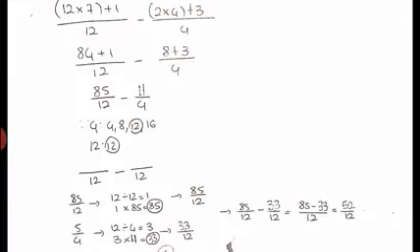The other one, 11 over 4, is 12 divided by 4 equals 3. 3 times 11 equals 33. So it's 33 over 12. So 85 over 12 minus 33 over 12 equals 52 over 12.